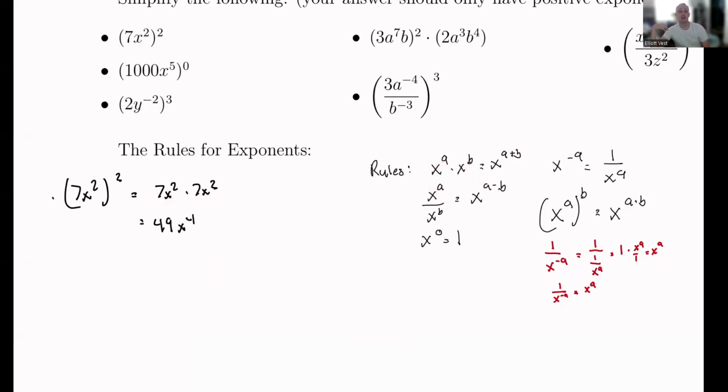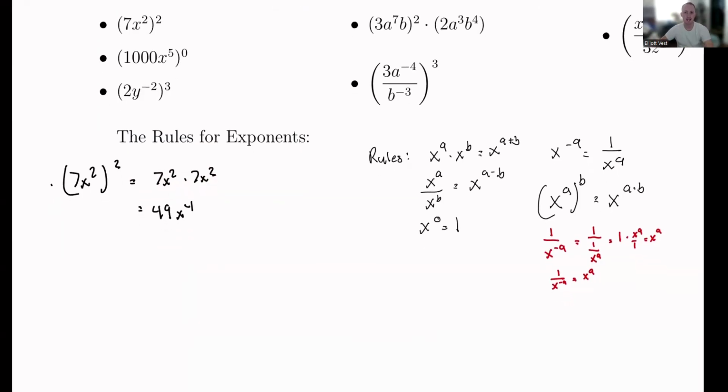Another thing that I'm just kind of doing in my head: I see these things of the same base, I want to combine these together. I see these numbers, I want to combine these together. So I put the numbers together in my head, I put the exponents together in my head, and I write it in a clean number times variable. That's usually the style of what we do here.